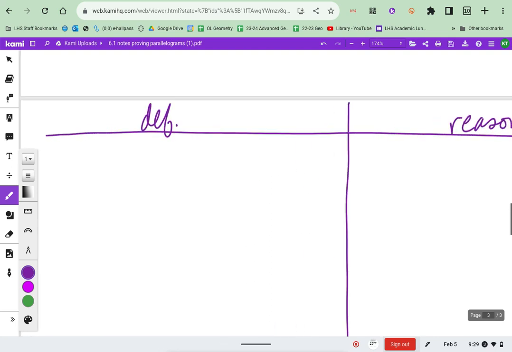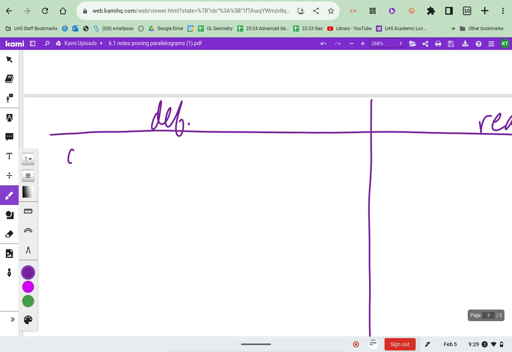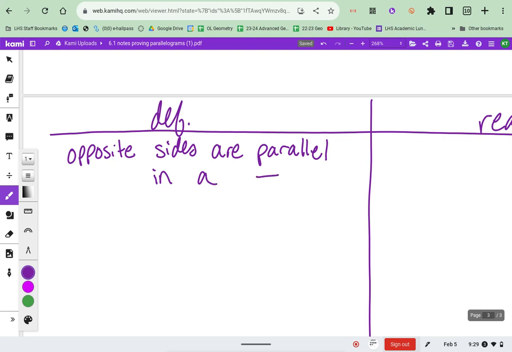So first one that we'll add is we'll say opposite sides are parallel in a parallelogram. And instead of writing parallelogram, I'm going to do a little shortcut and draw a picture because parallelogram is a long word. So opposite sides are parallel in a parallelogram.